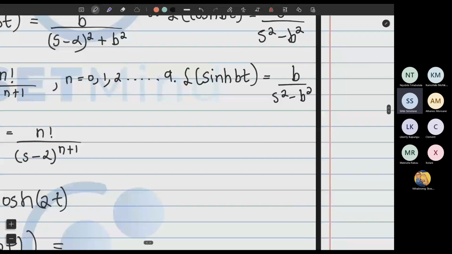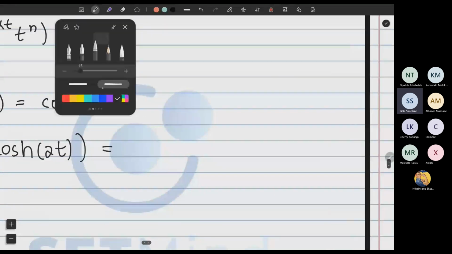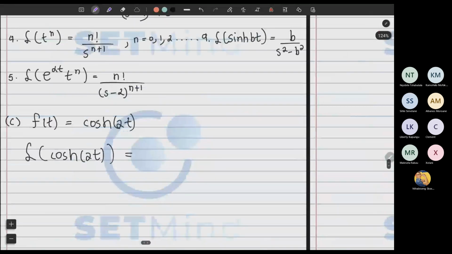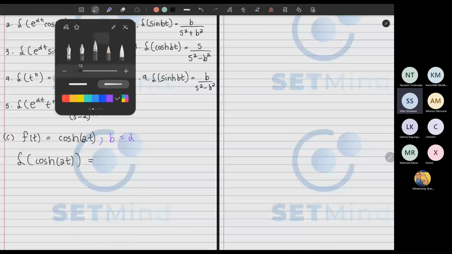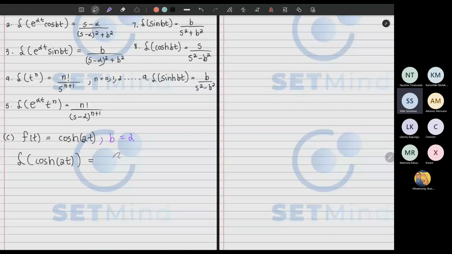So we can see that actually our b is just a 2. So the Laplace transform of hyperbolic cosine of bt is simply s over s squared minus b squared, which is 2 squared. So our answer is s over s squared minus 4.